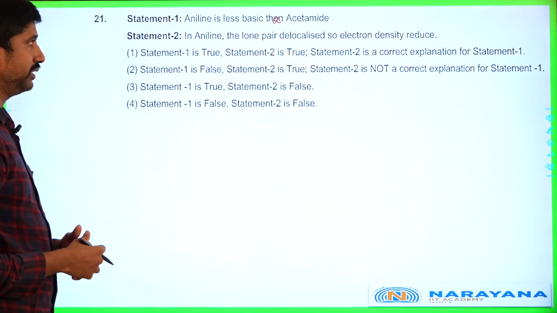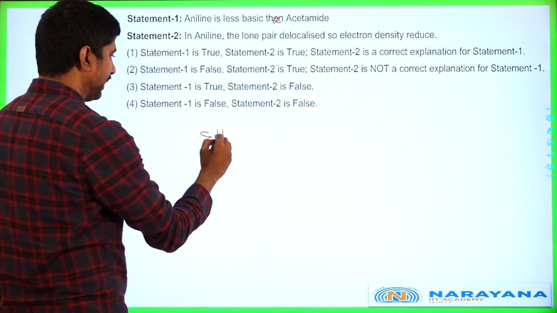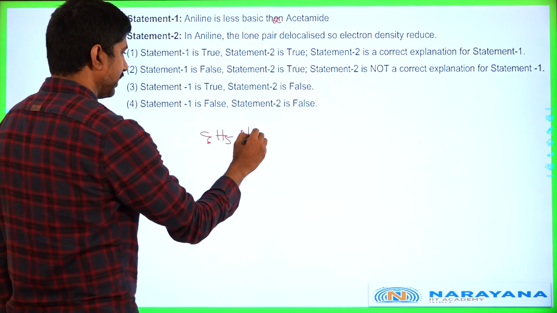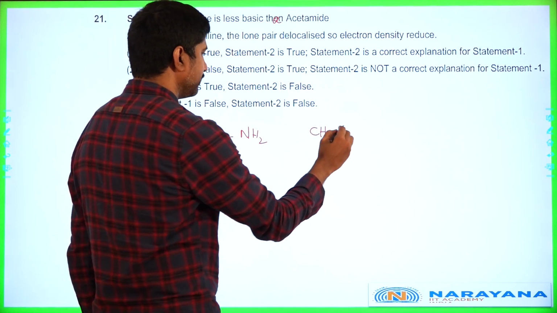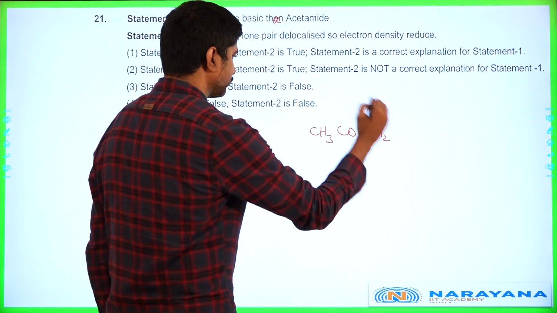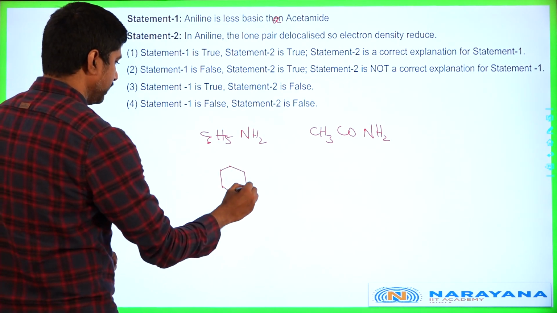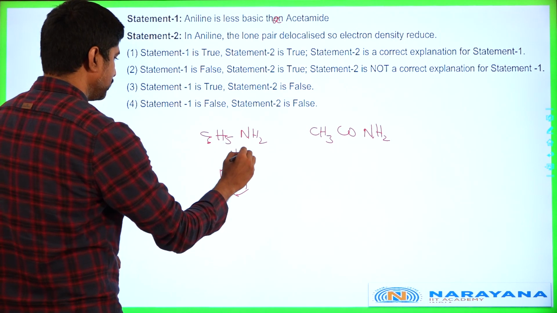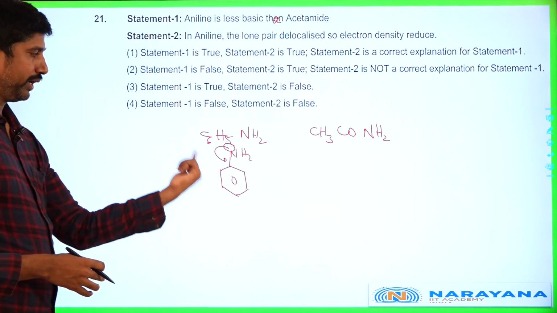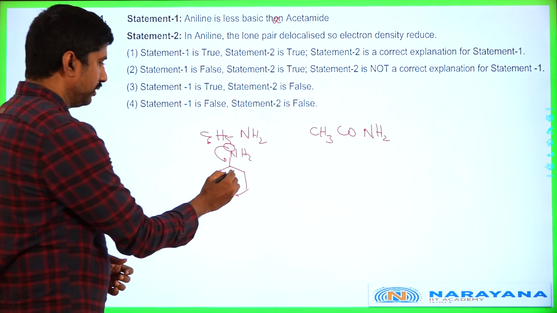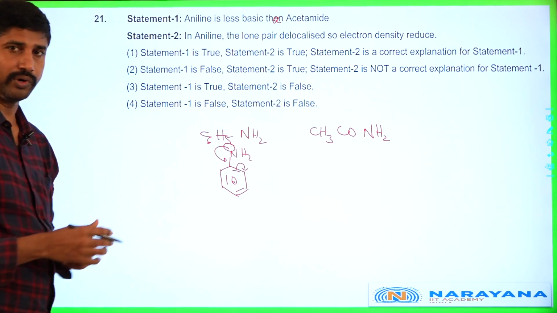If you take aniline, which is aromatic, C6H5NH2, whereas acetamide is CH3CONH2. In aniline, because of the delocalization, the lone pair of NH2 is involved in the conjugation, so delocalization takes place, and carbon to nitrogen there is double bond character.